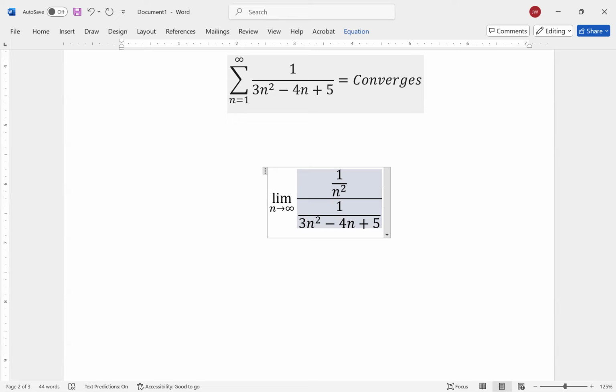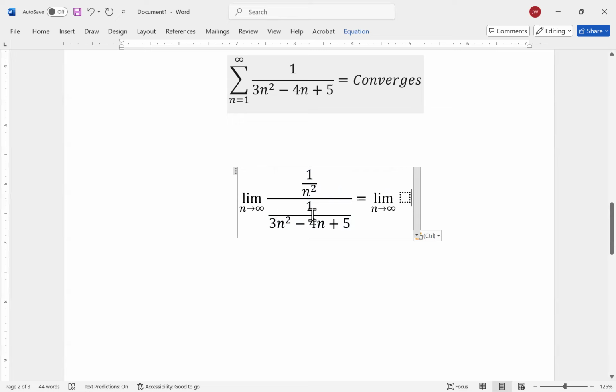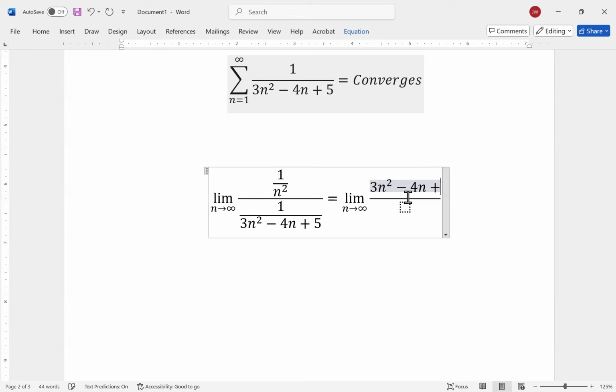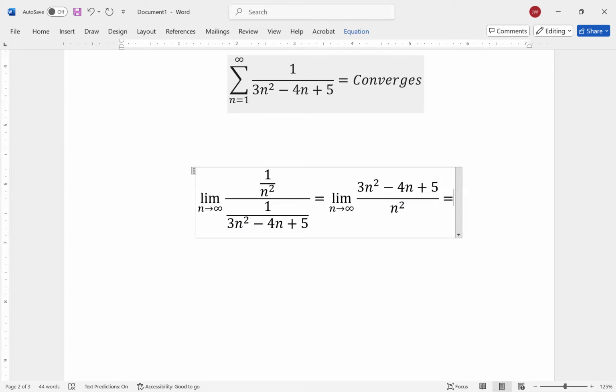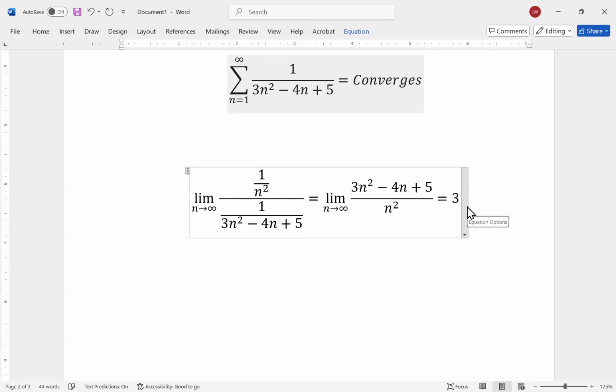If I do that, then I could multiply by the reciprocal of this denominator, that would give me a rational expression of 3n squared minus 4n plus 5 divided by n squared. Notice that since I have n squared over n squared, that limit is just 3.